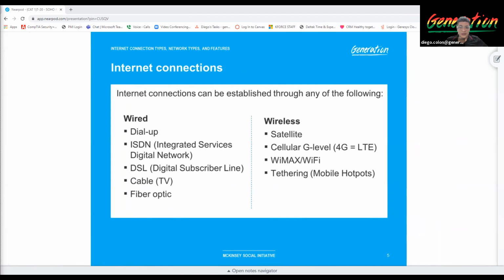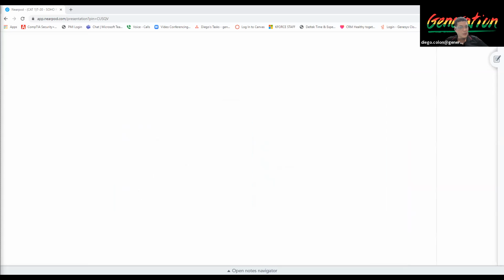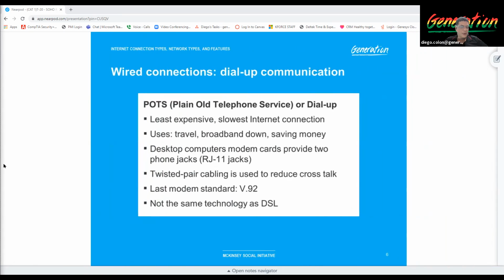In that little name, that's what it means. In reference to tethering with mobile hotspots, hopefully all of you know what that means. That's basically opening up your mobile phone to act as a hotspot. You could also do that through Bluetooth, depending on whether you have the proper software. The other type, which I mentioned plenty of times, is your POTS, which the PSTN gives you: the POTS lines, the plain old telephone service, or dial-up.